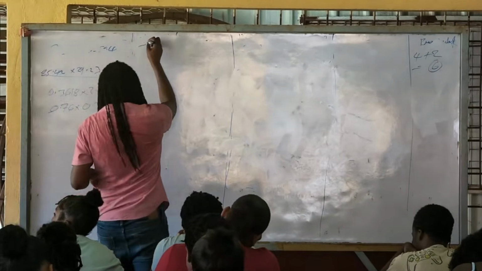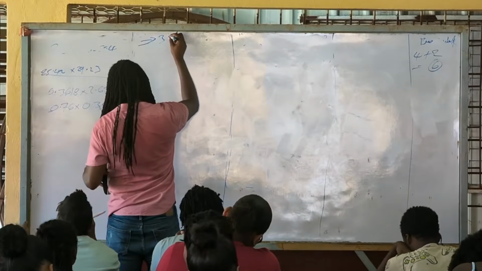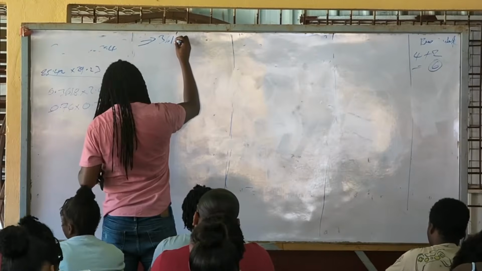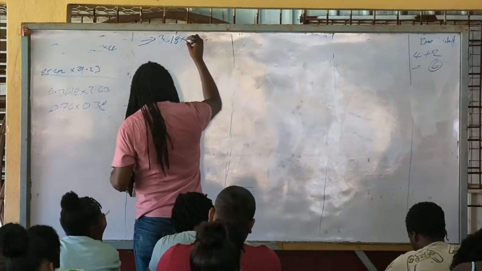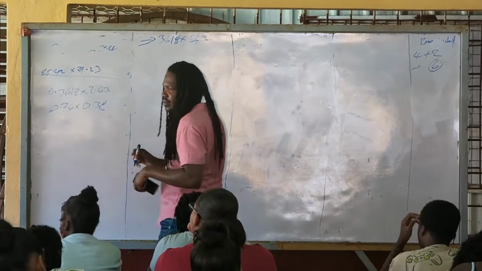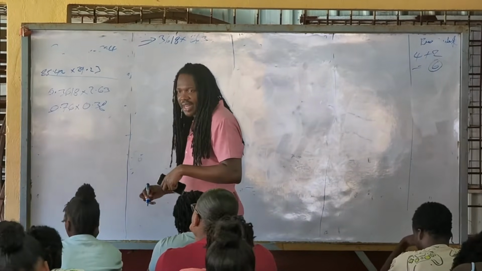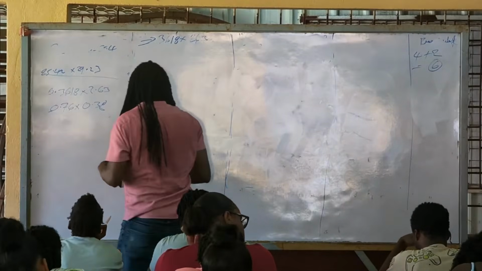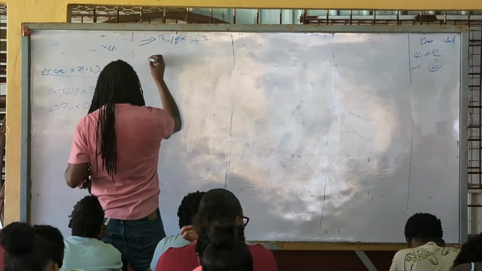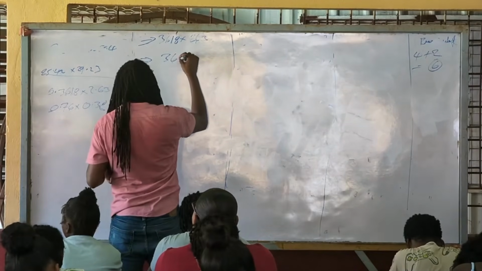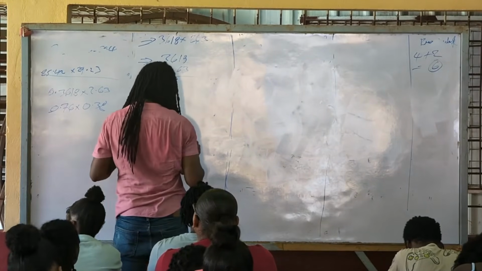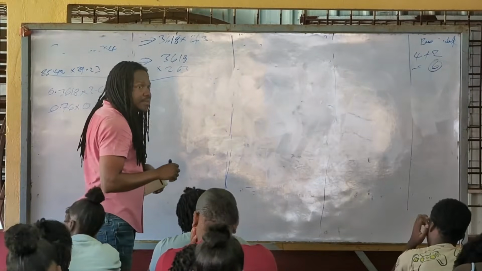So this implies 3618 times 263. Everybody see that?